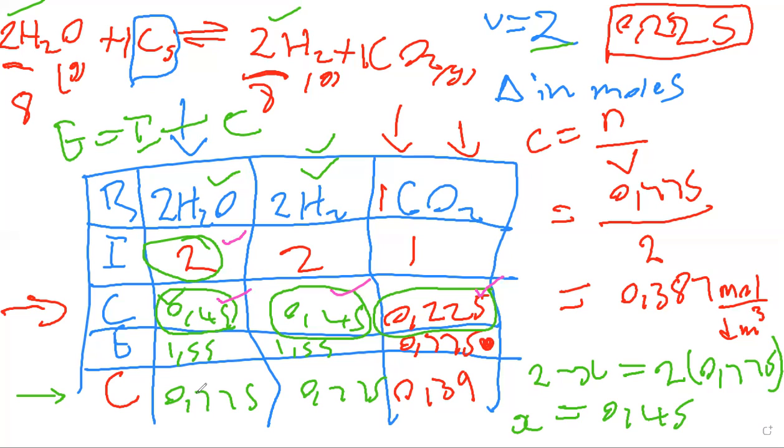For me to get the equilibrium number of moles, I take the 2 minus 0.45. Okay, I get it. You get it? 0.55. Okay, fine. That's how I got that.